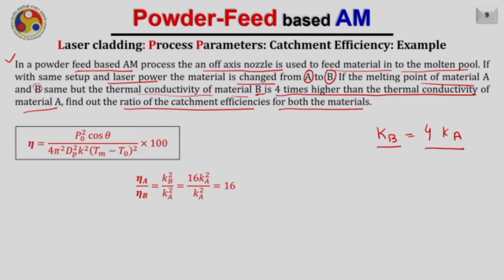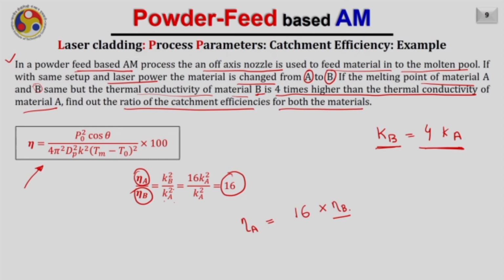If I recall my formula of the catchment efficiency and take the ratio for material A and material B, as other parameters are the same, there will be a ratio of KB square divided by KA square. We know that KB equals 4KA, and therefore eta A divided by eta B will be equal to 16. In other words, the catchment efficiency for material A will be 16 times higher than that of material B.